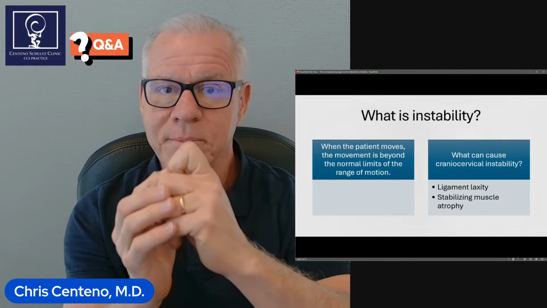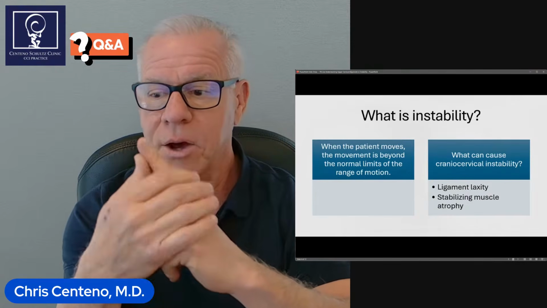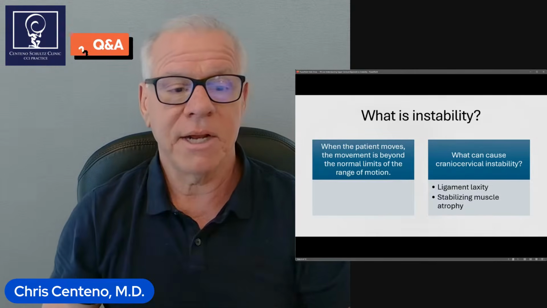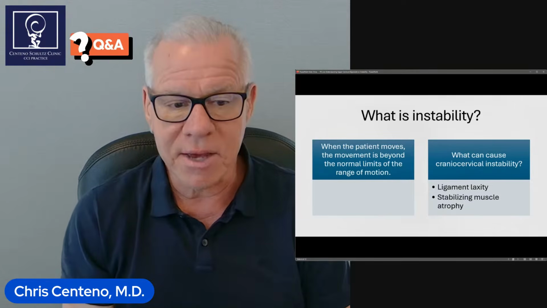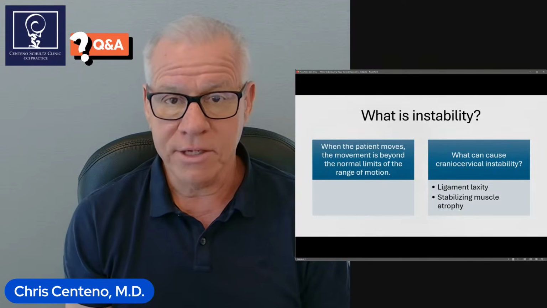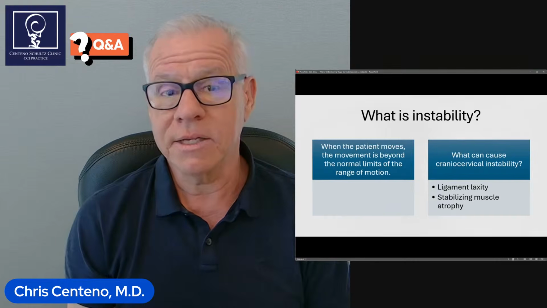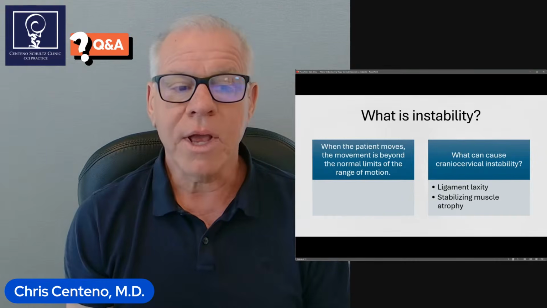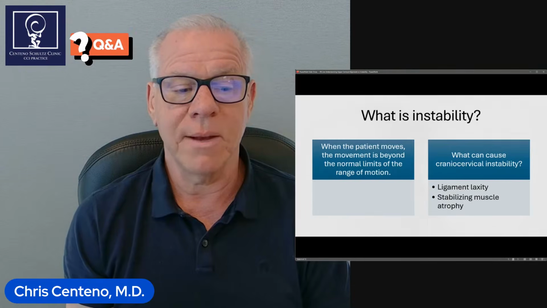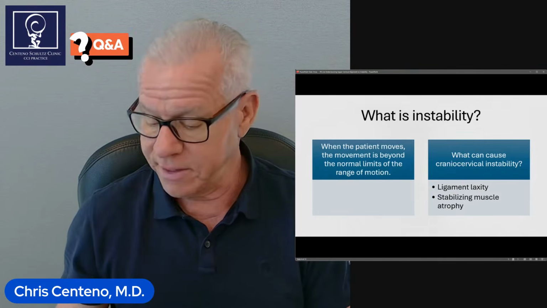It's being stopped by the ligaments. And it can go this far that way, but then it stops and it's being stopped by the ligaments. But if it were to go beyond that range, then it would be unstable. So what can cause craniocervical instability? Ligament laxity, or stabilizing muscles that atrophy.